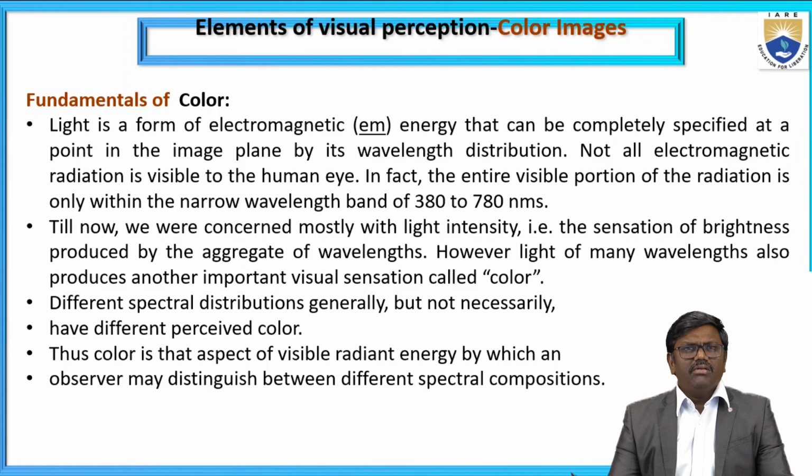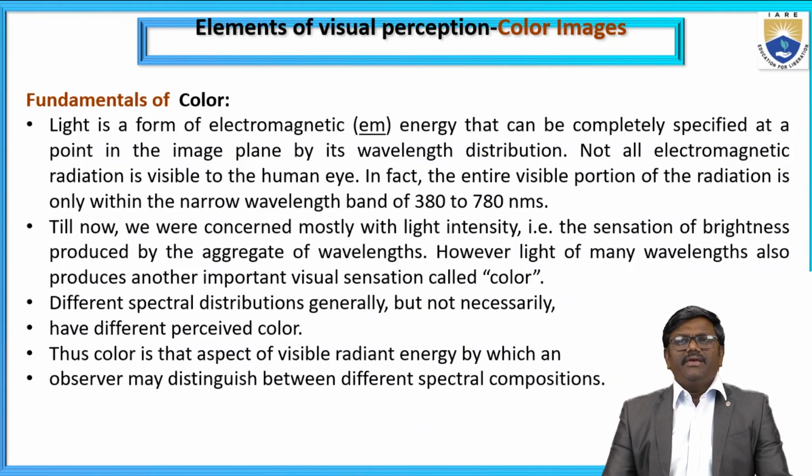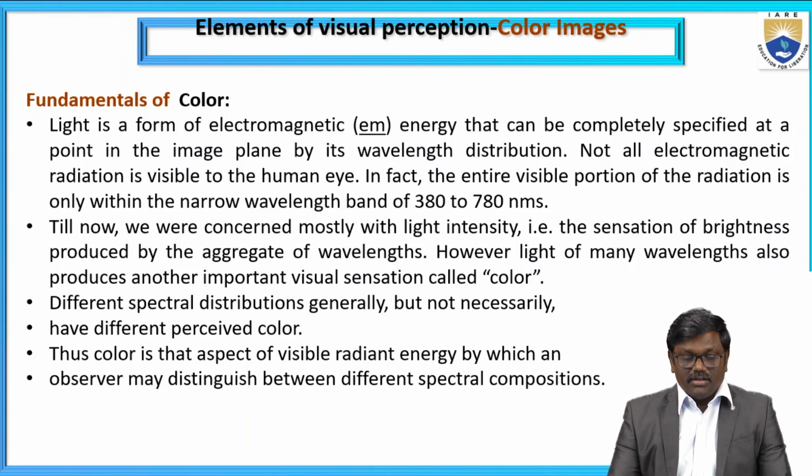Not all electromagnetic radiation is visible to the human eye. The entire visible portion is only within the narrow wavelength band of 380 to 780 nanometers. Until now we have been concerned mostly with light intensity, that is, the sensation of brightness produced by the aggregate of wavelengths. However, light of many wavelengths also produces another important visual sensation called color.